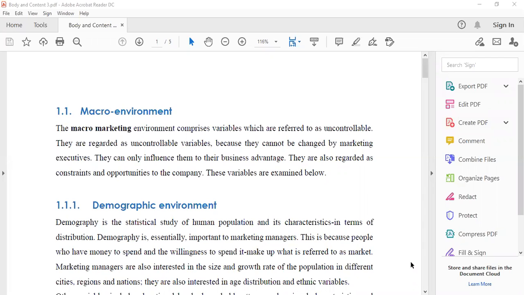So it is in the best interest of a marketer to try to understand these variables or factors to see how they present opportunities and also to avert potential threats from them. One of these factors is demographic environment.